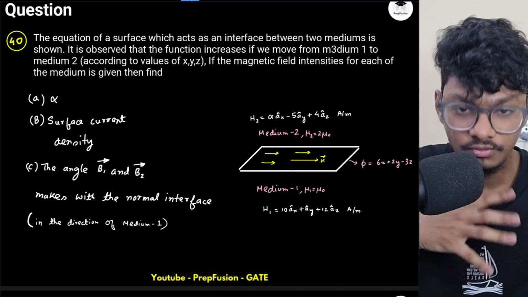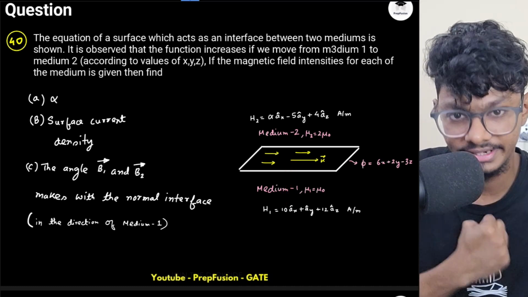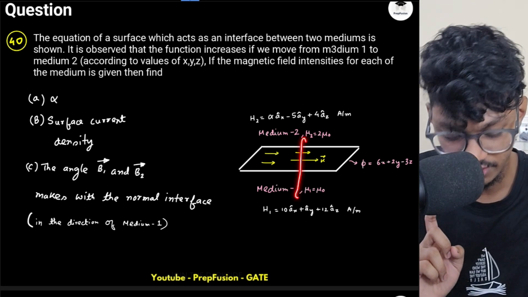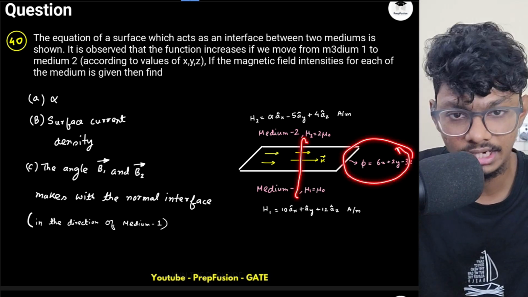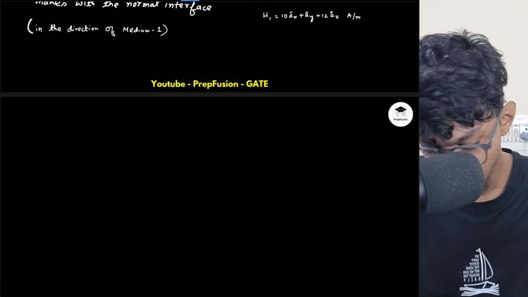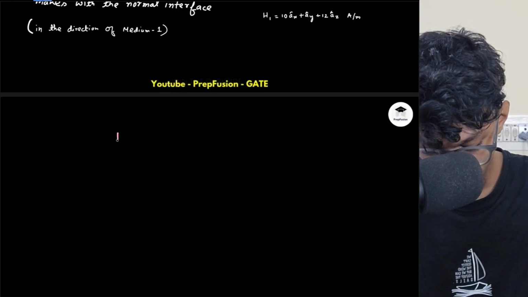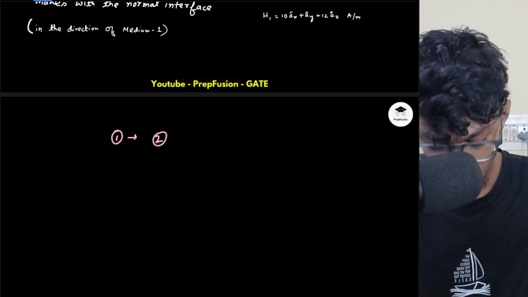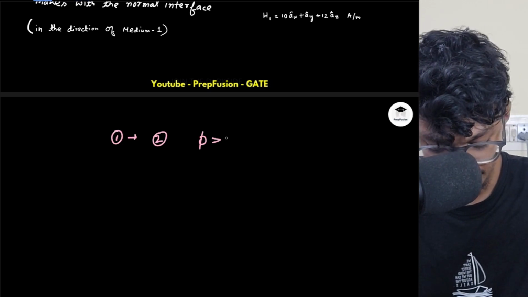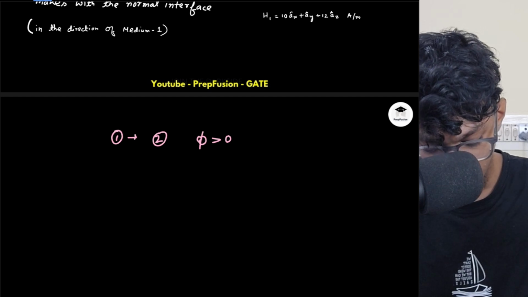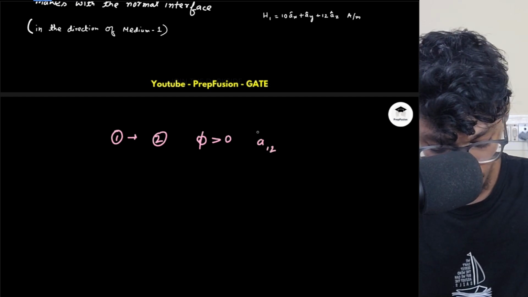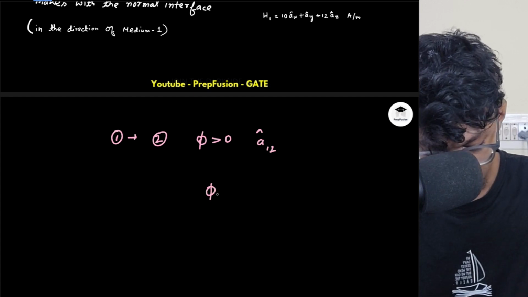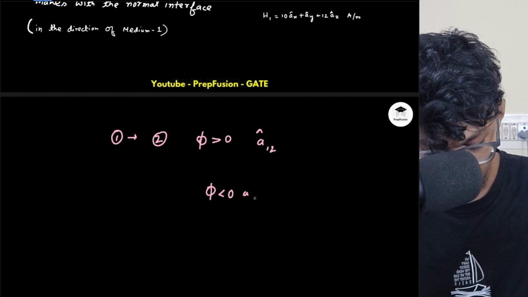So first of all, how do you find the gradient of this thing? They are telling me that as I am moving from surface 1 to surface 2, this scalar point function is increasing, that is, phi is greater than 0 if I am going from medium 1 to 2, and phi is less than 0 if I am going from medium 2 to 1.